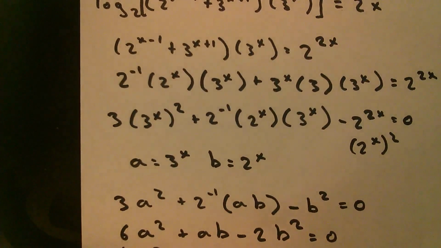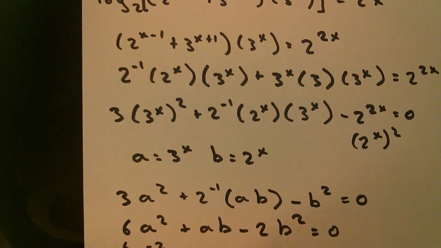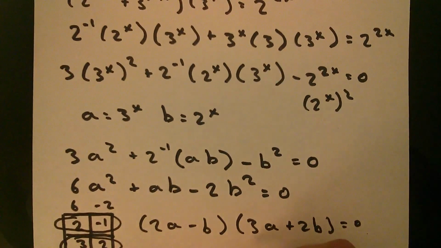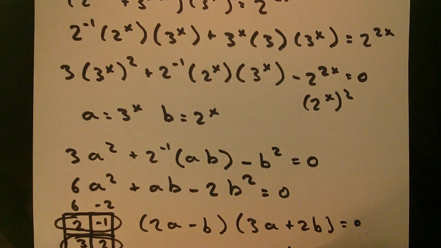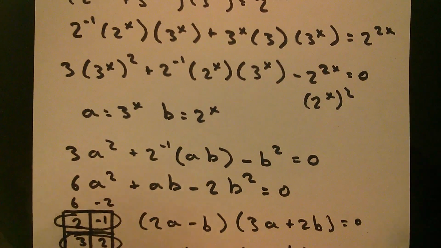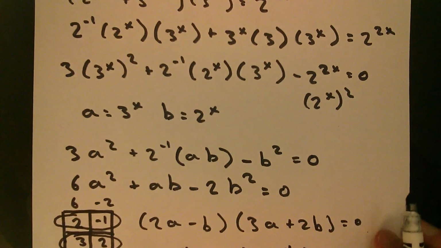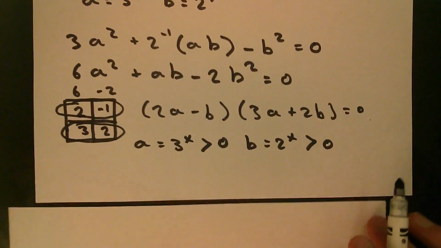Now, I just want to show you something here. So a equals 3 to the power of x, and this is always going to be greater than 0. And b equals 2 to the power of x, and this will also always be greater than 0 because a positive number raised to an exponent will always be greater than 0.